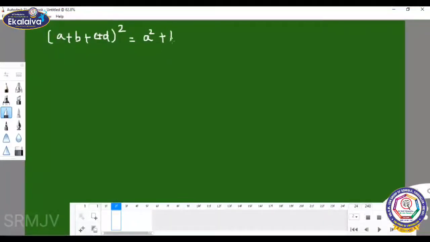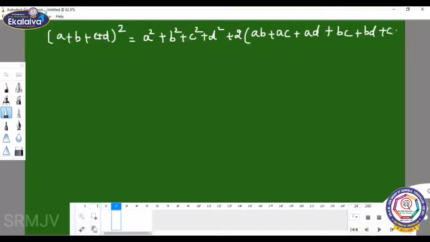A square plus b square plus c square plus d square plus 2 into ab plus ac plus ad plus bc plus bd plus cd.